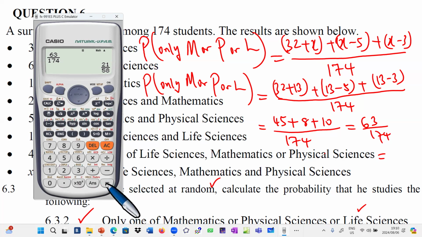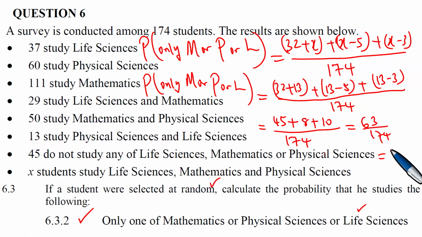The calculator simplifies it to 21 out of 58. 21 divided by 58 is 0.36. And this is the probability that the student does only one of mathematics or physical sciences or life sciences.